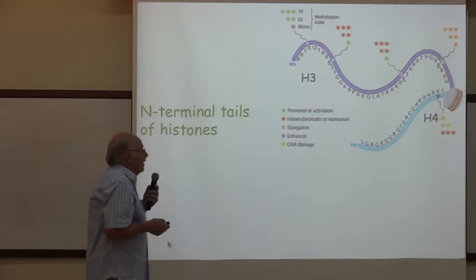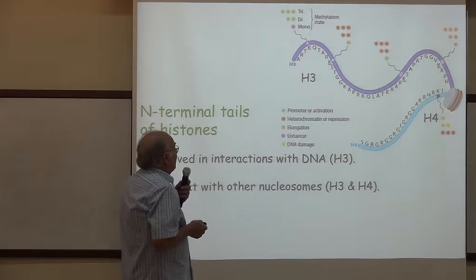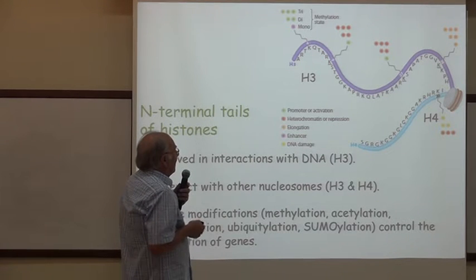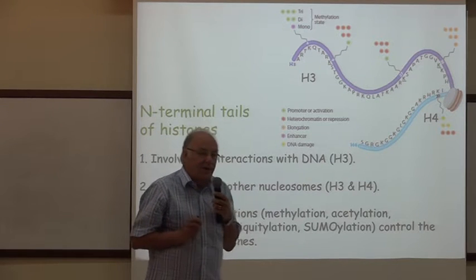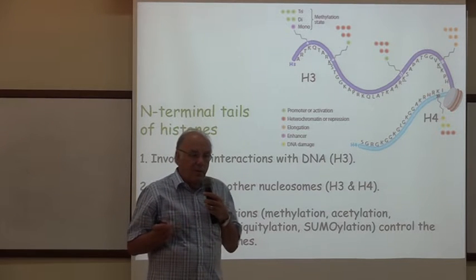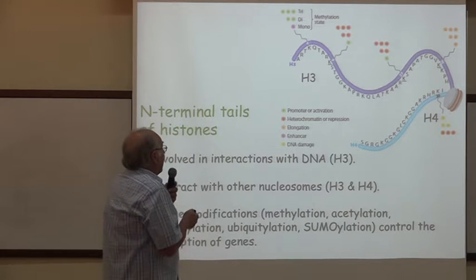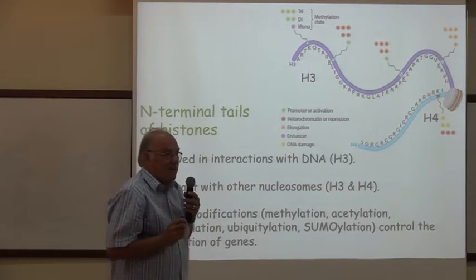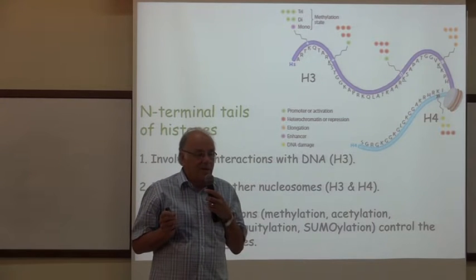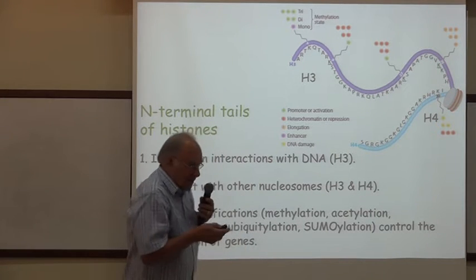Now, here's then histone H3 and H4. And you remember from last hour that they have long amino terminal tails. So here is the tail of H3, and it's primarily the lysines which are of interest here.